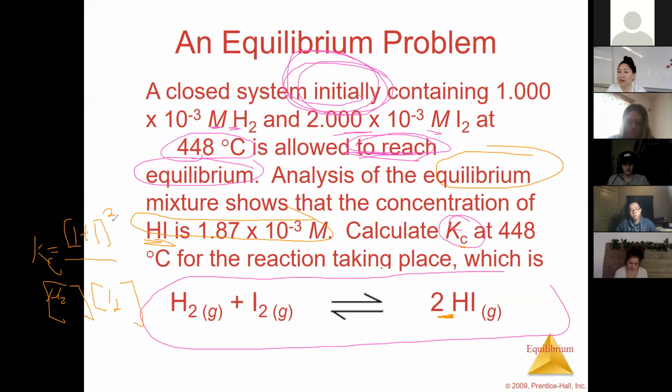To solve for this, I'm going to need my HI at equilibrium, my H2 at equilibrium, and my I2 at equilibrium. I have HI at equilibrium, and it's already in molarity. Great, I can plug that right in. I have these at initial. I cannot plug those in. So I need to find those concentrations when it hits equilibrium.